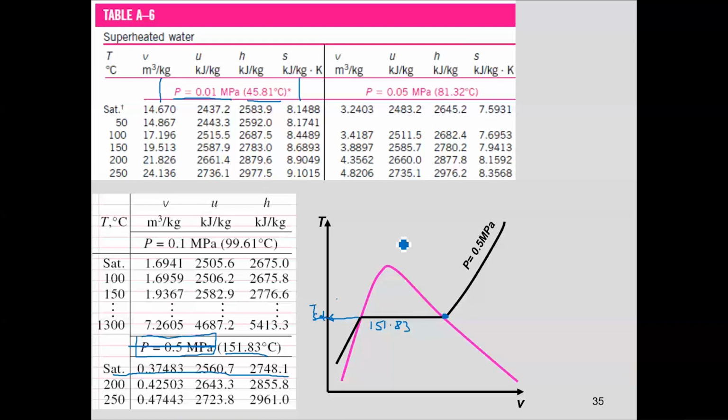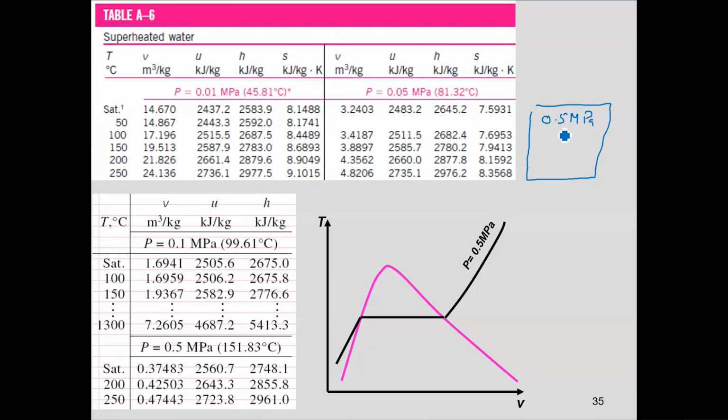Now let's say I have been given the information that my system is at 0.5 megapascal pressure and the temperature of my system is 250 degrees centigrade.